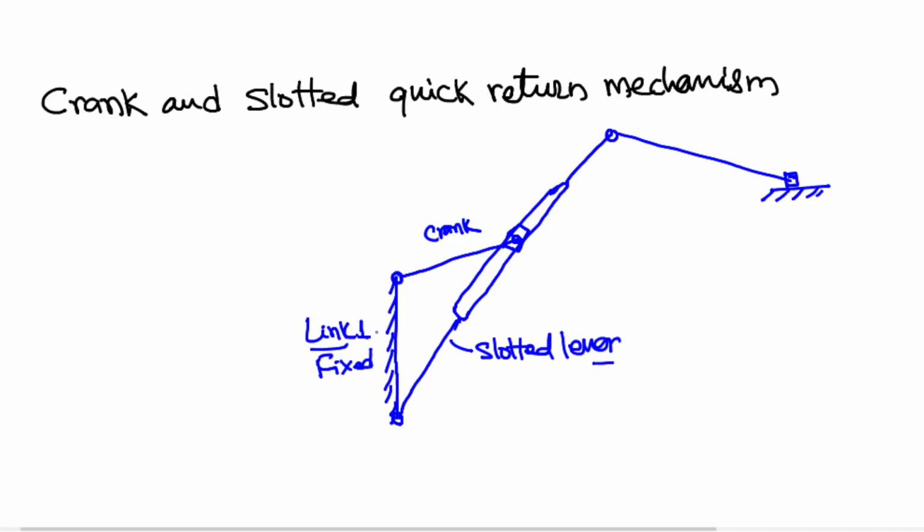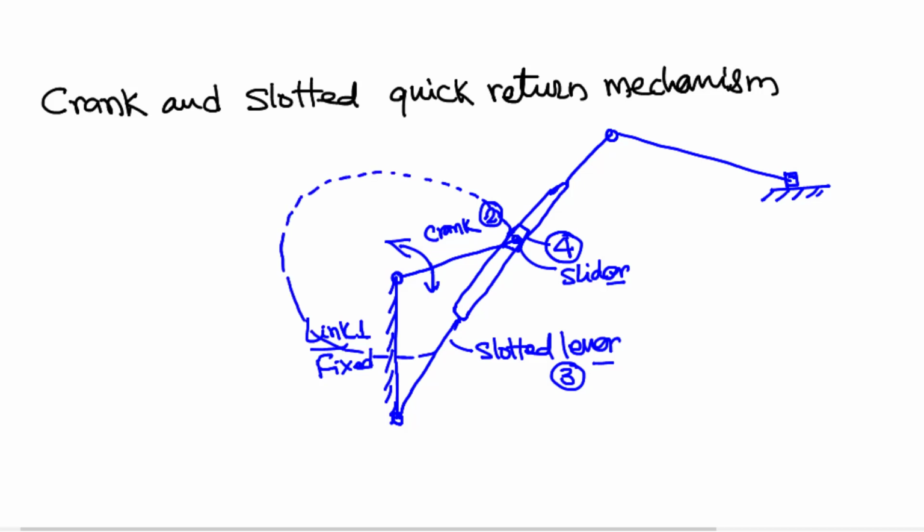So link 1 is fixed, crank is link 2 and this is link 3 and the slider. Crank rotates and the slider moves inside the slotted lever.